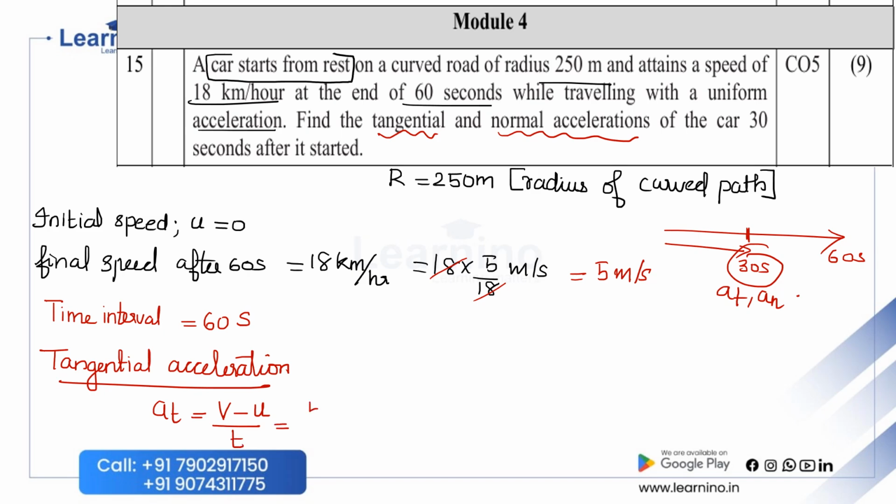Final velocity is 5 meter per second, initial velocity is 0 meter per second, divided by time t. What was the total time? 60. So it is 0.0833 meter per second square. That is the tangential acceleration.